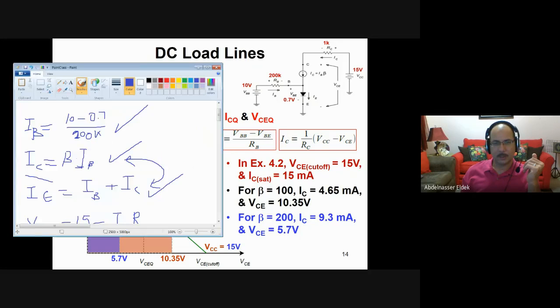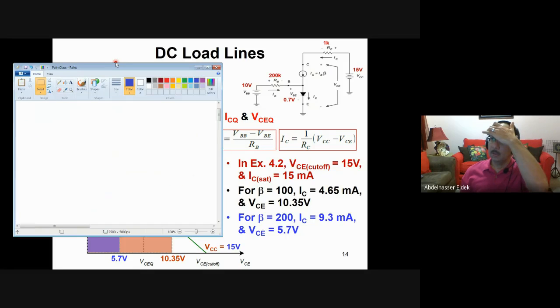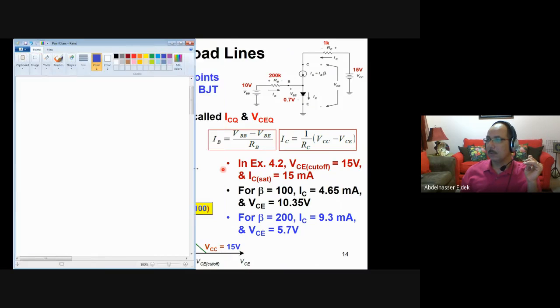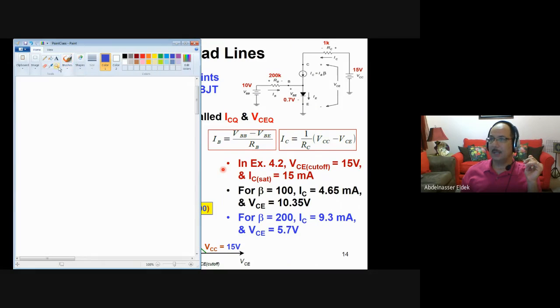Let us see here. Select all, then delete. So in this case, if you want to decide how the load line looks like, it doesn't look like a line at all, but okay, here it is.